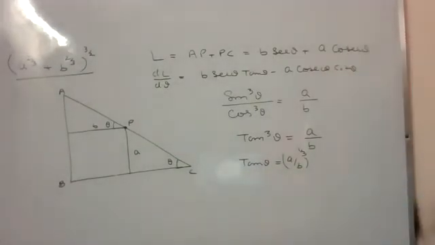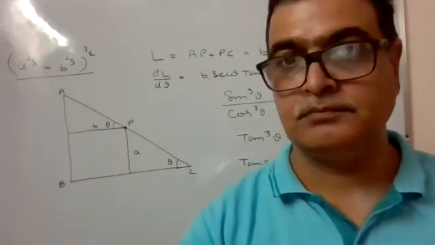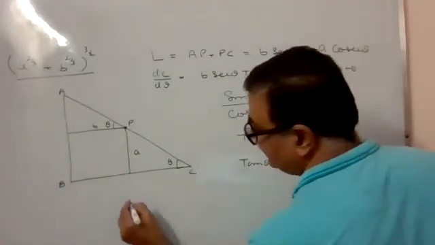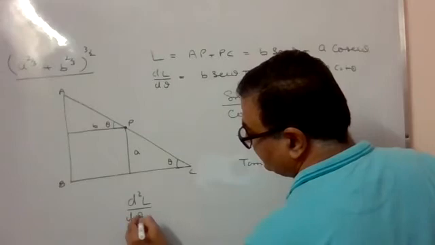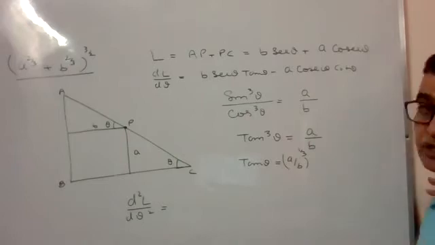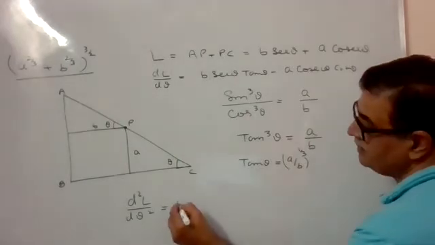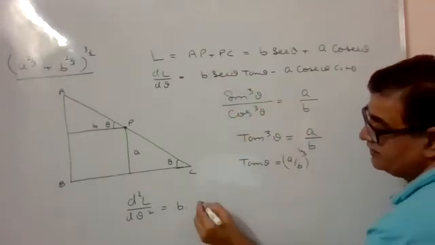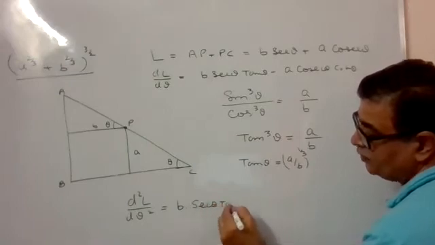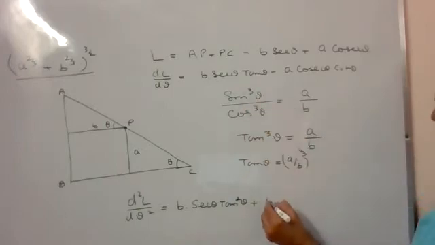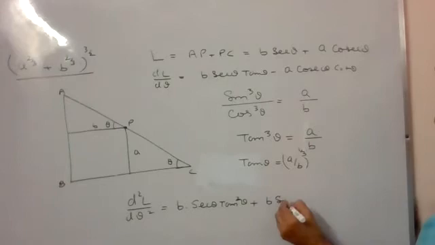So now we go for the second derivative. d2l by d theta square: B, first we differentiate sec theta, so it will come sec theta tan theta, and tan theta remains as it is, so sec theta tan square theta, plus tan theta is sec square theta, so B sec cube theta.